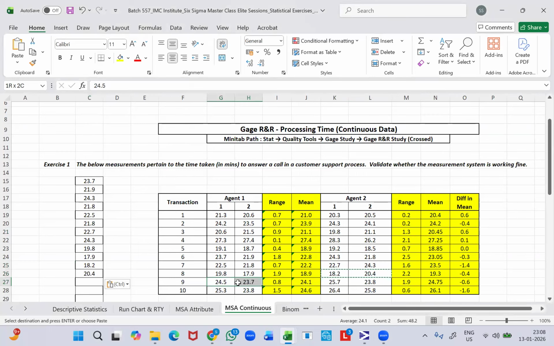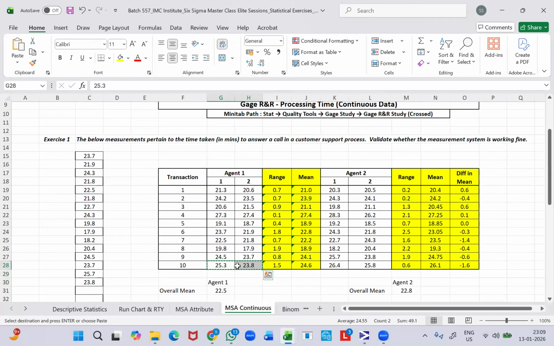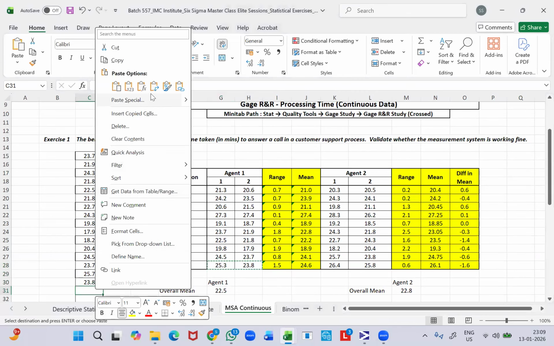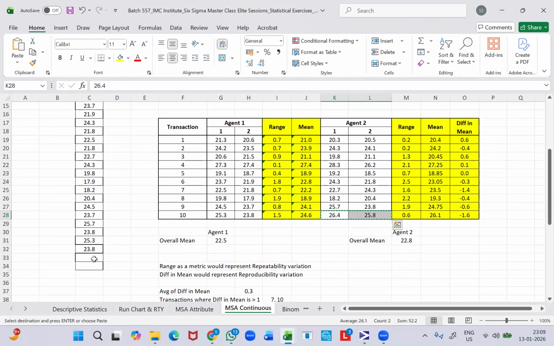And then the 9th transaction. Then the final transaction. So how many data points will we have in total? 20 plus 20, 40 data points, right? So we have 10 transactions. As I told you, for each transaction we will have 4 measurement values provided by both the agents put together. So we will have a total of 40 measurement values.